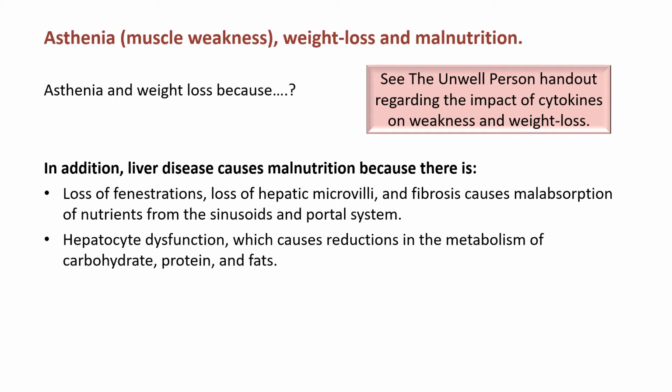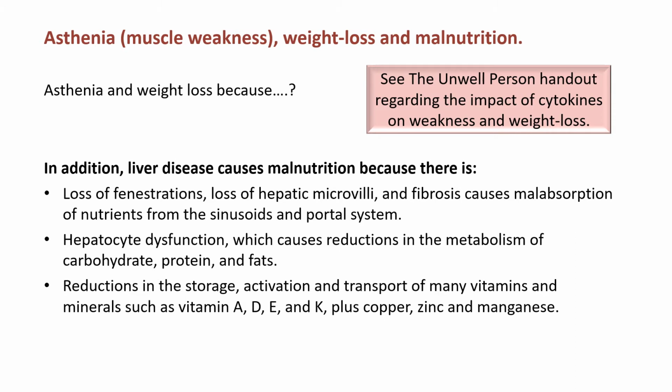And of course there's hepatocyte dysfunction, and a lot of the roles of hepatocytes is to metabolize carbohydrate, proteins, fats that we take in, and then put them into a usable form or store them. If the hepatocytes are dysfunctional or they've gone into apoptosis, necrosis, then we are going to have a reduced ability to do that.